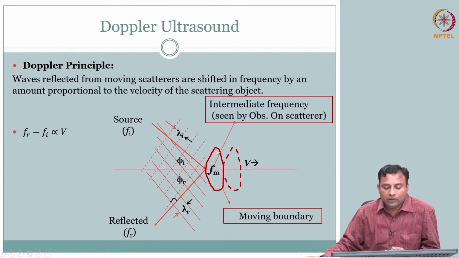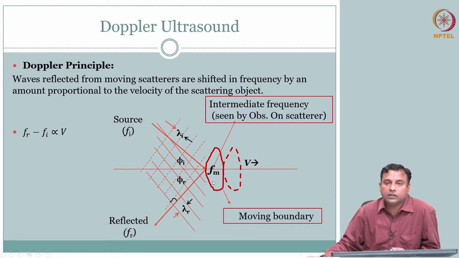Essentially, now the object is not stationary, the interface is not stationary. So if I sit on the interface, on this object, what is the frequency that I will see of the wave fronts that are coming?